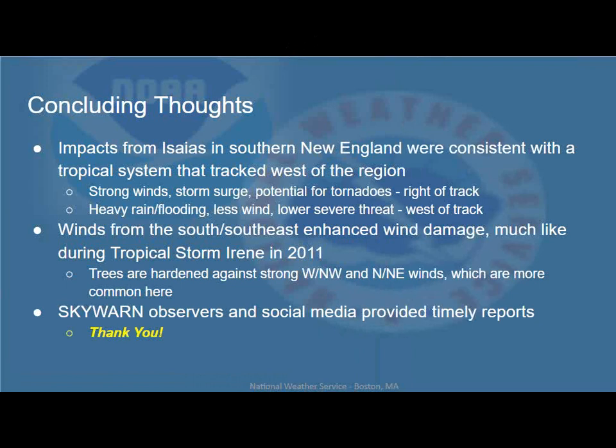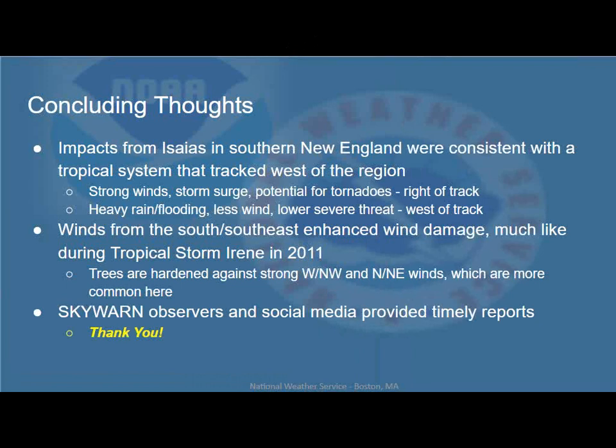Now, again, we didn't observe any in our neck of the woods, and that might be because we're a little too far removed from the center of the storm, but there's still always that risk with these kinds of systems.